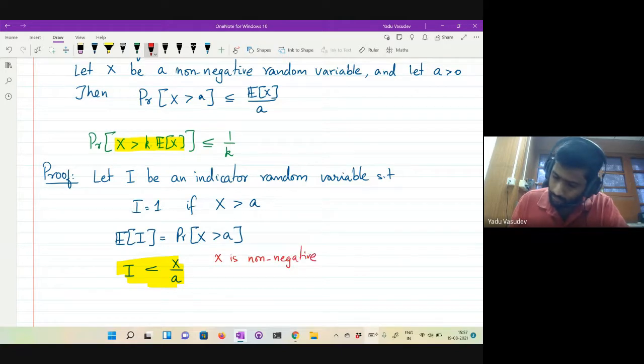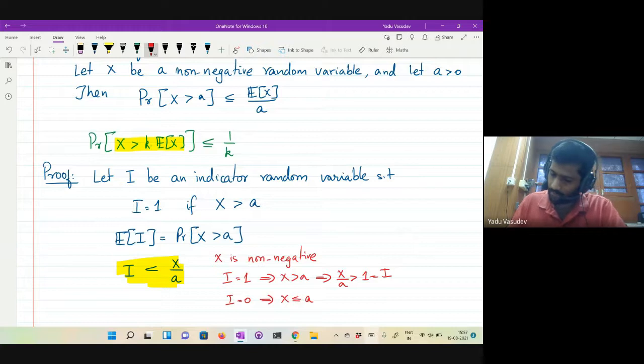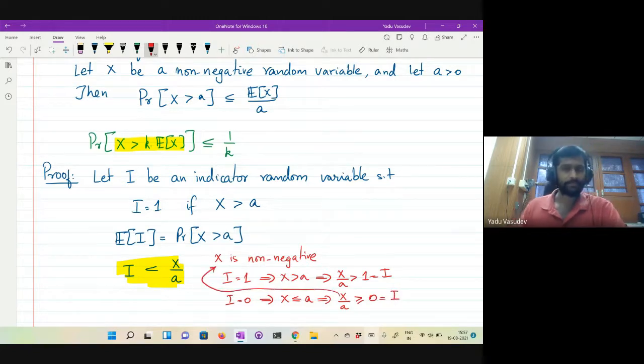So if I is equal to 1, this means that x is greater than a, which implies that x by a is greater than 1, which is equal to I. And if I is equal to 0, then this means that x is less than or equal to a, and since x is non-negative, x divided by a is definitely greater than or equal to 0. This is because of the non-negativity of x.